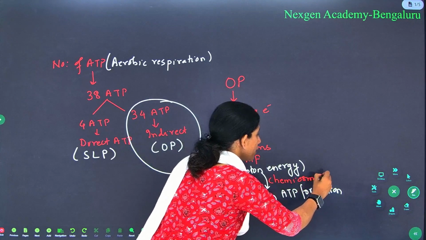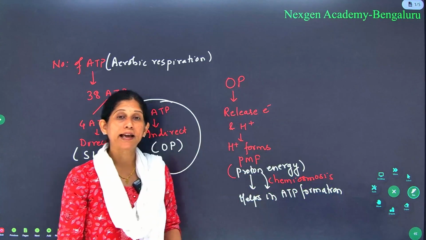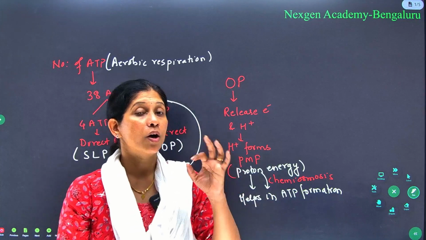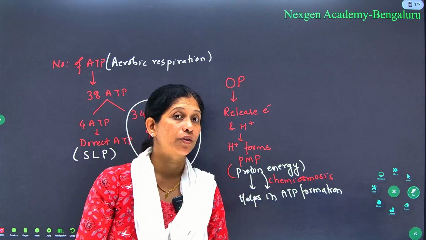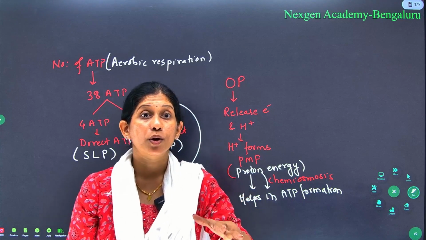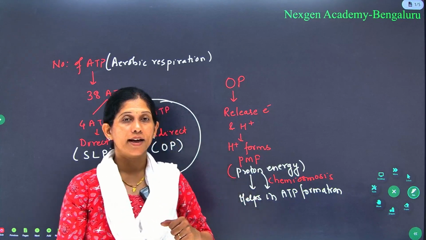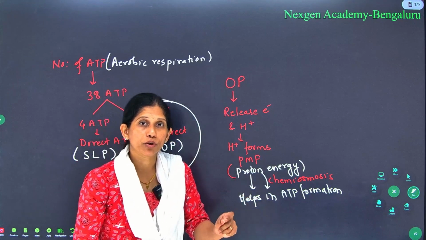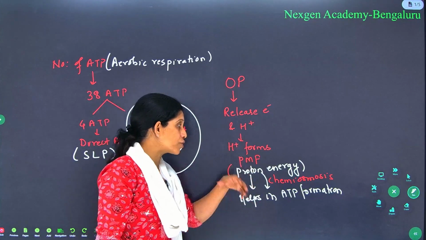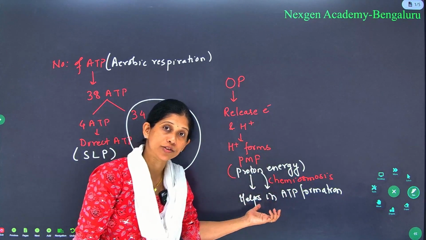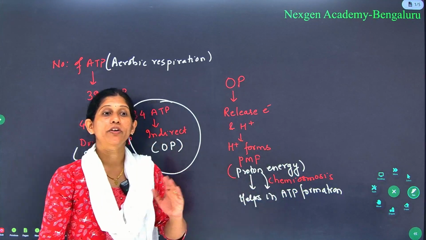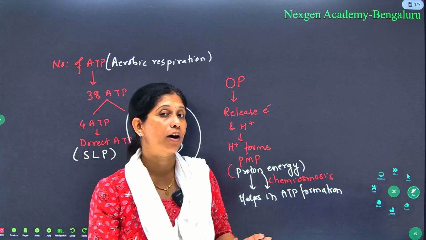chemiosmosis. So chemiosmosis is an inherent part of any ATP generation happening during phosphorylation, respiration or photosynthesis, if proton movement is involved. Because proton movement creates this energy, and ATP is formed with the help of the proton energy. The process is called chemiosmosis, whether we are talking about photosynthesis or respiration.